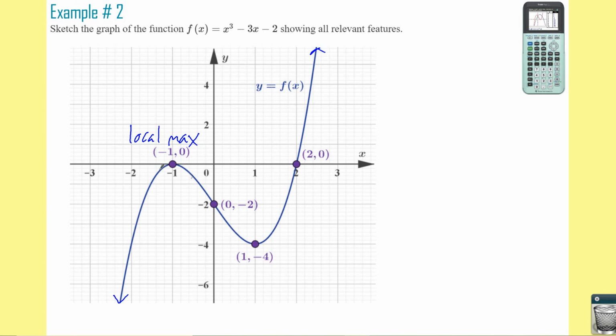That's a maximum, like a hill, and it's not the highest because I've got more points over here that are higher. Now over here at 1, -4, that is a local min. It's a minimum because it's like a valley, and points over here are much lower.